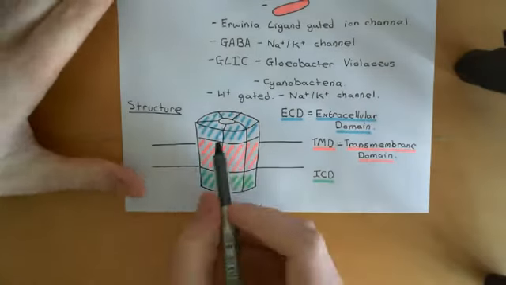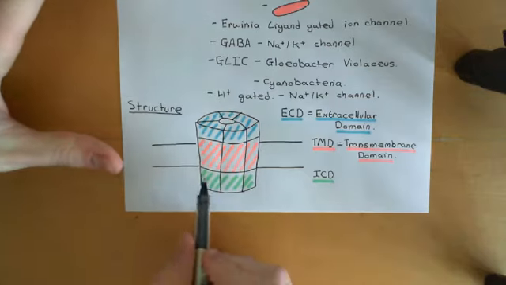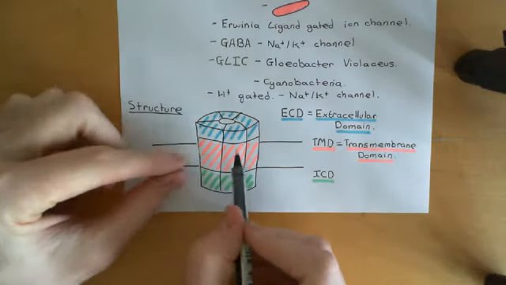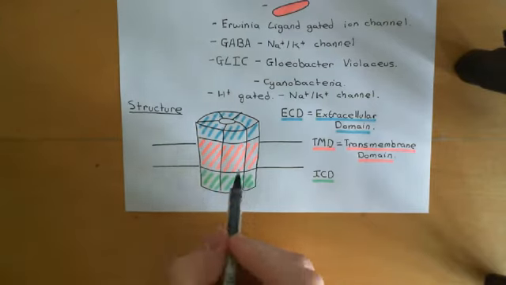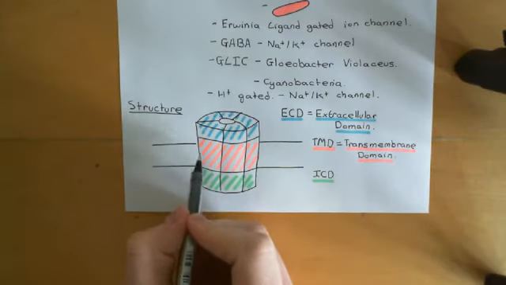Now what I want to do is go back to the picture of the transmembrane domain of the entire cis-loop ligand-gated ion channel and show you how these are arranged to produce that transmembrane domain. So I'm going to vanish away the extracellular domain and the intracellular domain, and just look at the transmembrane domain.